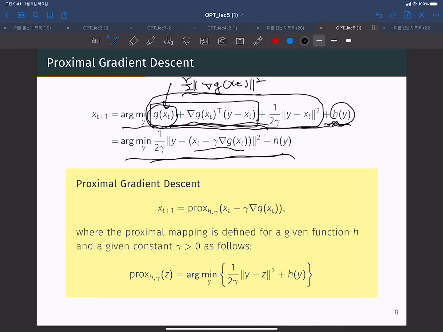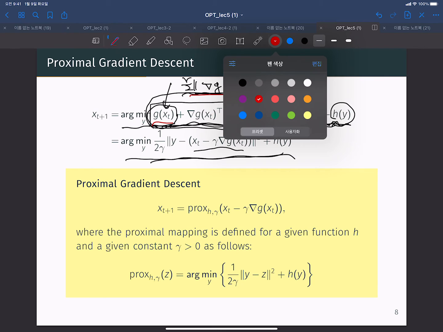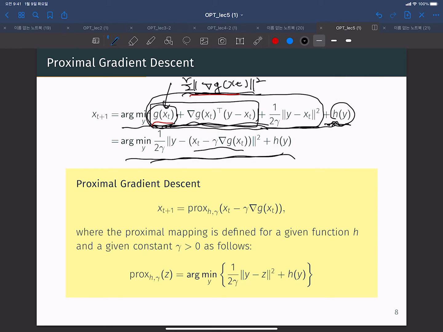And since this and this are just constant with respect to y, even if you change y, these terms never change. So you have this equivalent form. And this operation is called the proximal operator.